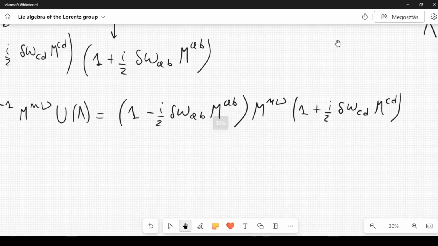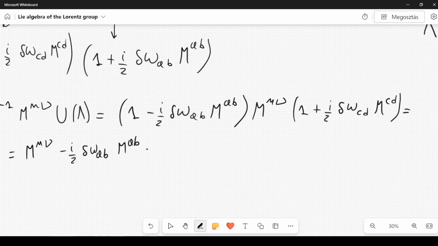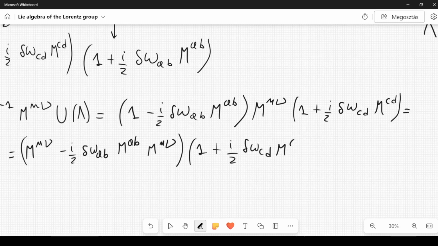Let's rewrite it. We can write it as M mu nu minus i over 2 delta omega AB M AB M mu nu identity plus i over 2 delta omega CD M CD.